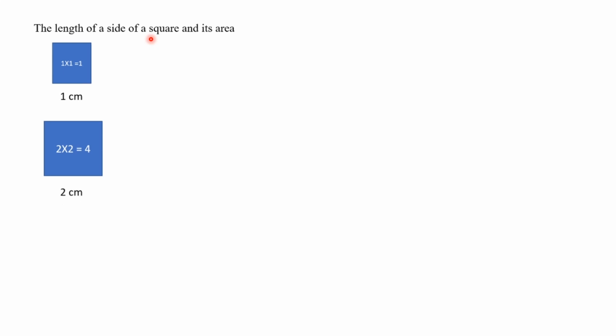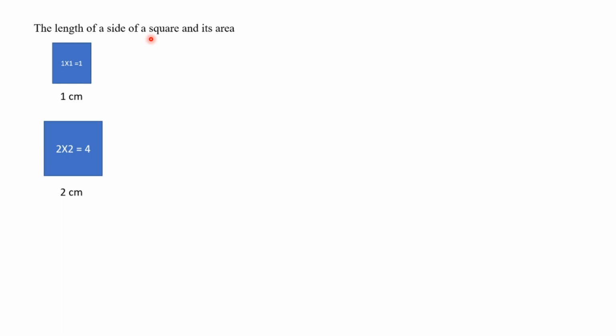Now shall we check another example, the length of a side of a square and its area. You can see here, if you consider 1 into 1 square, 2 into 2 is 4, if you consider 3 into 3 is 9. Now you can get an idea, one quantity increases. What is the one quantity? Length. As well as the other quantity also increases.